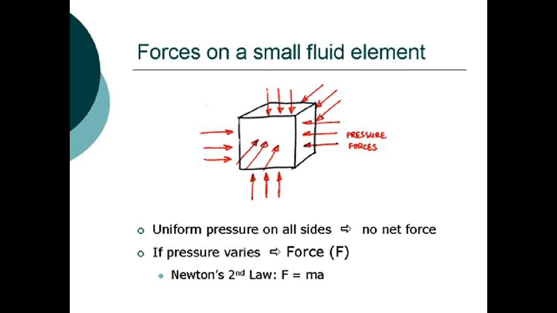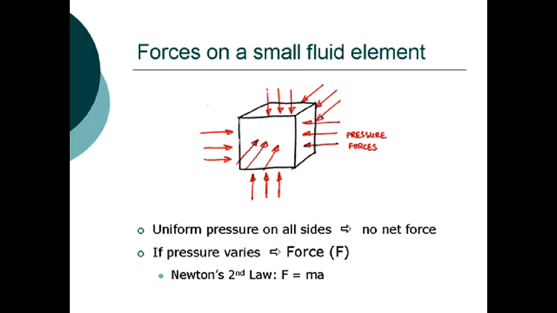And it has 6 sides, and that means on each side there is a pressure. So there's a pressure on this side, there's a pressure on this side, below, above, here in the front, and then there's one in the back. Now when we deal with hydrostatic pressure, what we usually say is that all these pressures are the same.